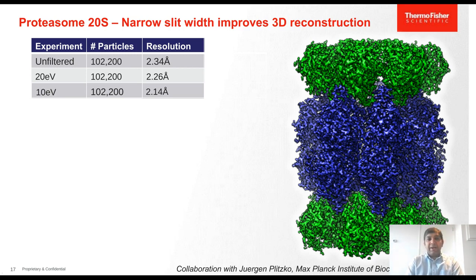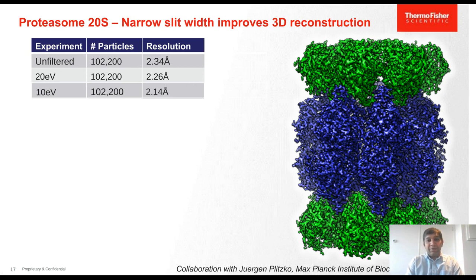With unfiltered particles, we can get about 2.34 angstrom structure. When we use a 20 eV slit, resolution is further improved by about 0.08 angstroms, going to 2.26. And when we use even narrower slits, so now we are removing all the noise from this plasmon peak, the resolution is further improved to 2.14 angstrom.